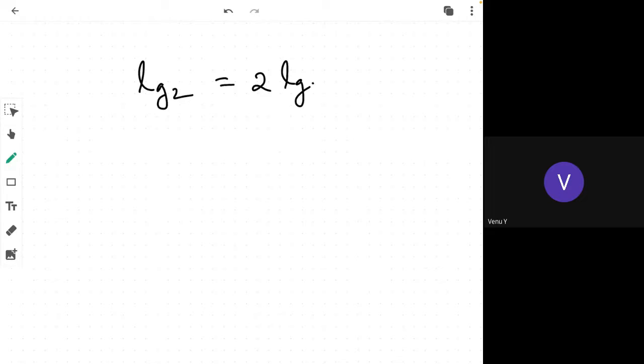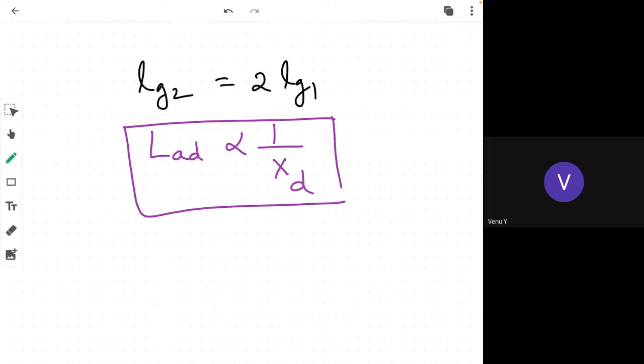When the air gap is doubled, what happens? The mutual inductance LAD is proportional to 1 by XD, the direct axis reactance.